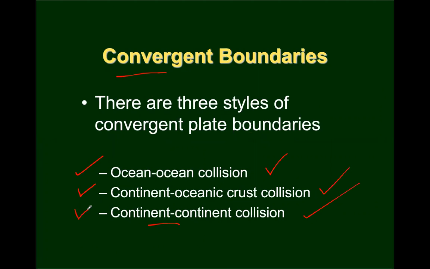The typical examples for ocean collision are the Japanese islands and the Solomon Islands. The second situation, continent-oceanic collision, is the Andean mountains. And the third is continent collision, where you see the Himalayas. You can relate the Central Highlands as well. The Central Highlands are also the same.